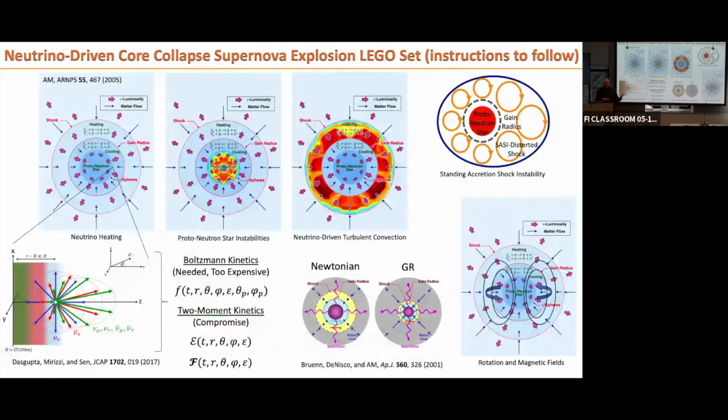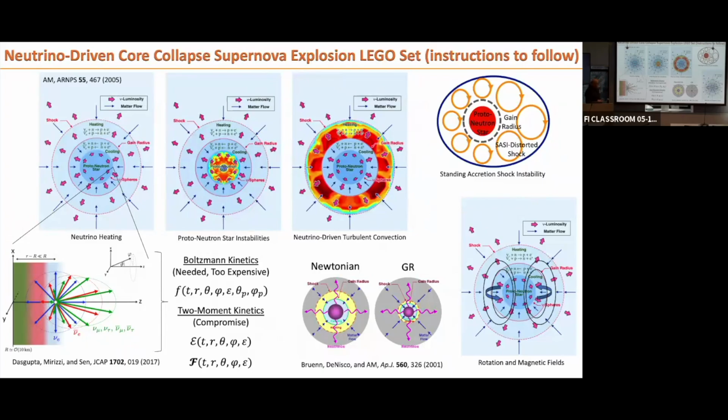And the only way to describe that is through a kinetics approach, right? By solving for the neutrino distribution functions using the Boltzmann equation. The Boltzmann equation will give you the neutrino distribution as a function of time, spatial location, r, theta, and phi. It'll give you the spectrum, and it'll give you the direction of propagation of your neutrinos. In 3D, you need two angles, or one direction cosine and an angle, to uniquely specify a direction.